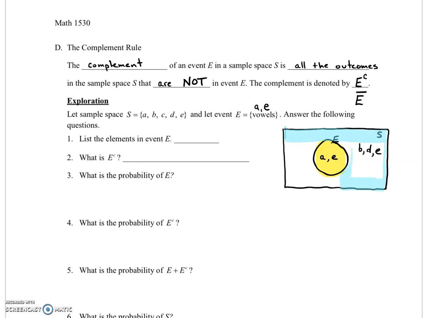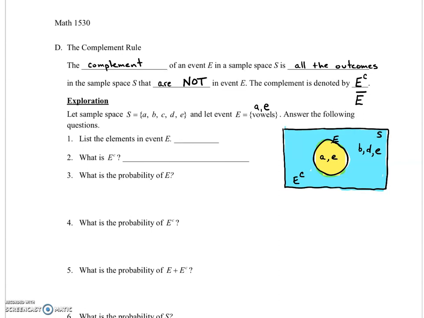So all the stuff I'm shading blue here, or attempting to anyway. All of that blue stuff is our complement, E^c. So S is the whole thing, E is what E is, and E^c is everything that's in S but not in E.